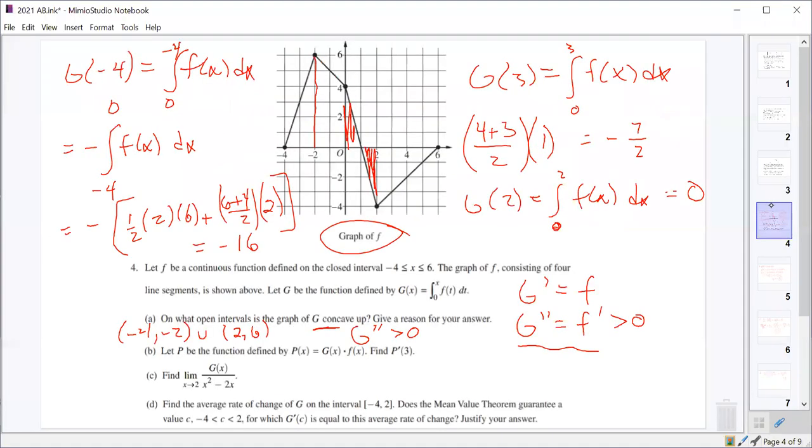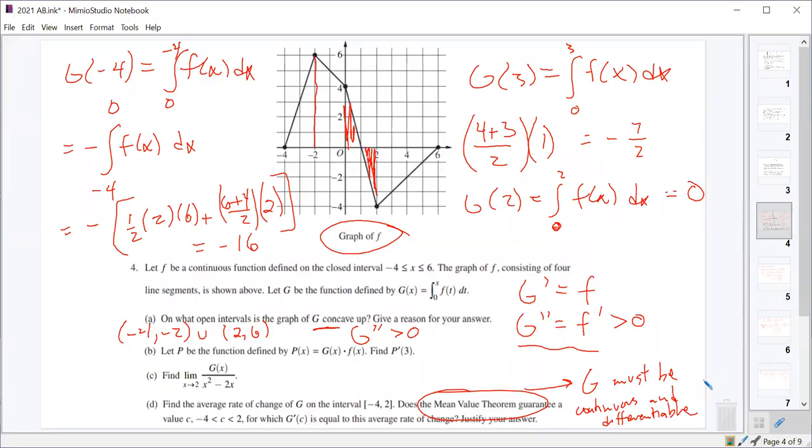And then does the mean value theorem guarantee a value C on -4 to 2 for which g prime of C is equal to its average rate of change? Okay, so what are the initial conditions for the mean value theorem? The function g must be continuous and differentiable.